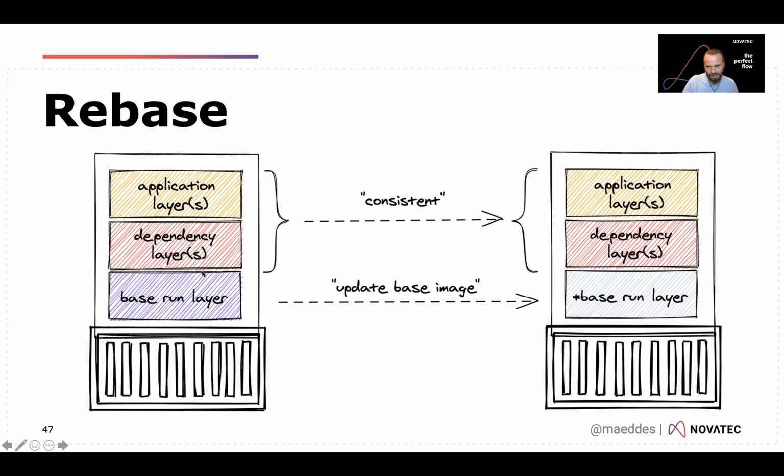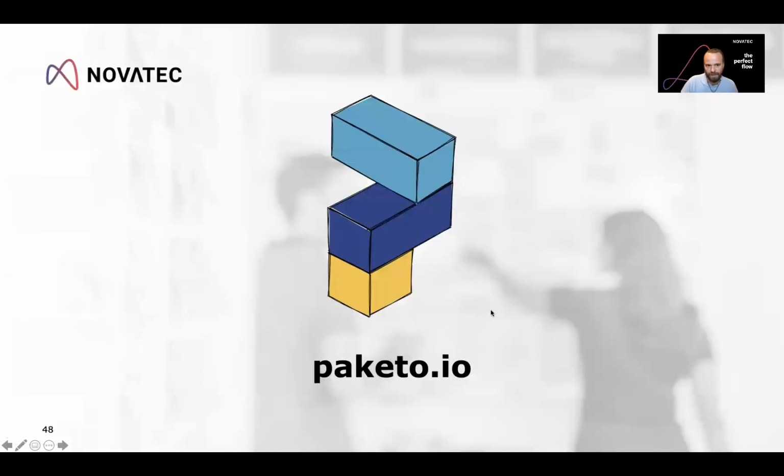Then with the Buildpacks, which basically provide the base image anyway, they have a rebase function to just exchange that layer and transform it into a new image without changing that. So this can be done in a very fast and efficient way.